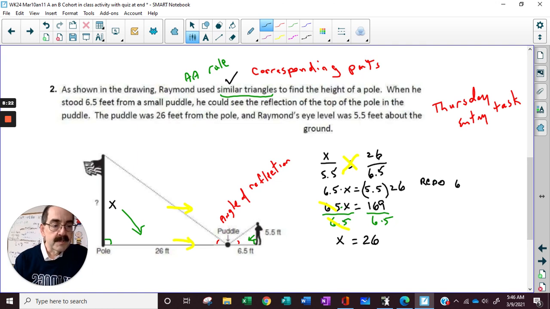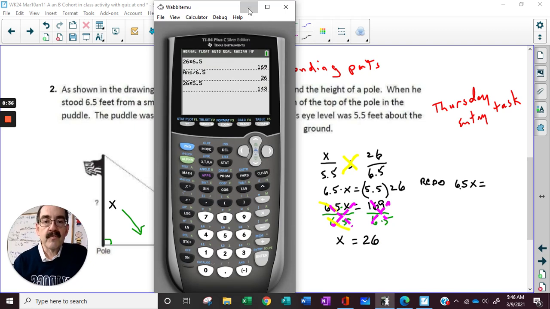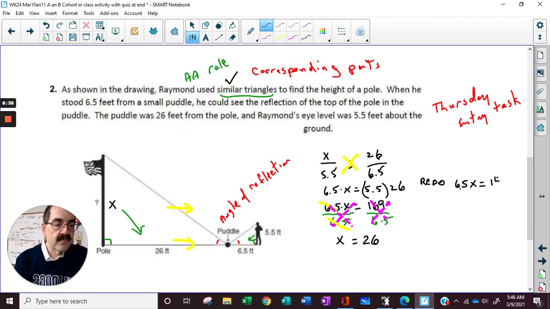So 6.5x is equal to, what did we get? 143. Yes. Now, what's the opposite of multiply? Divide.